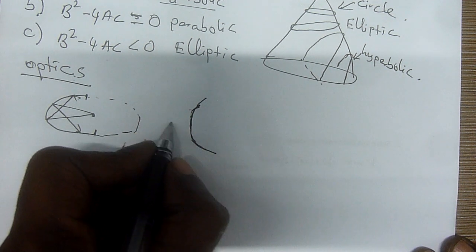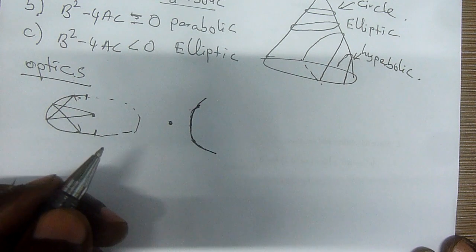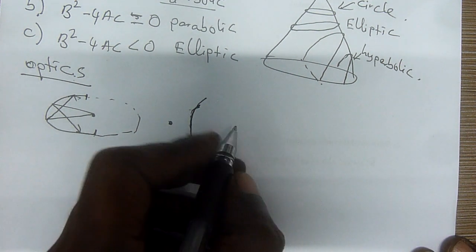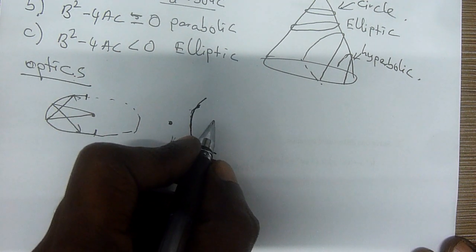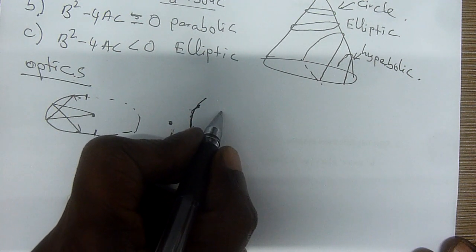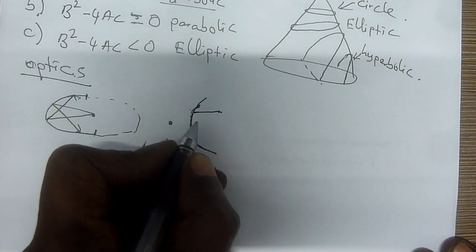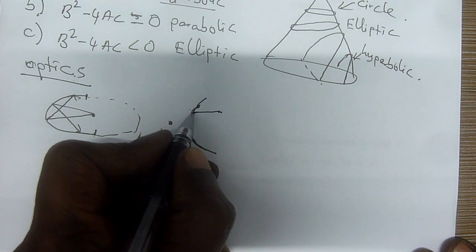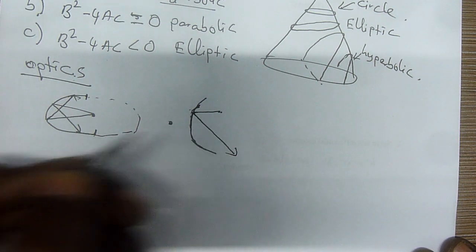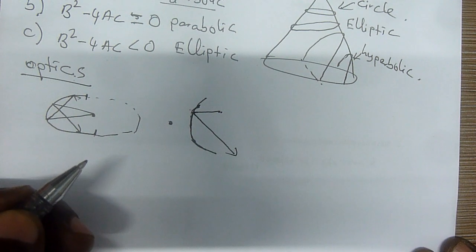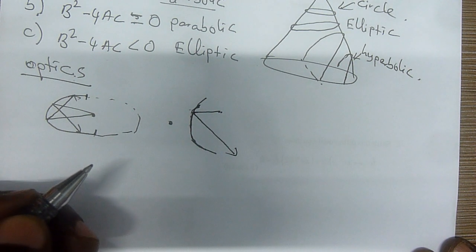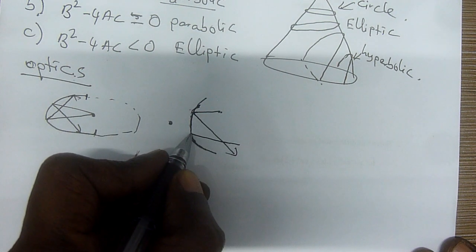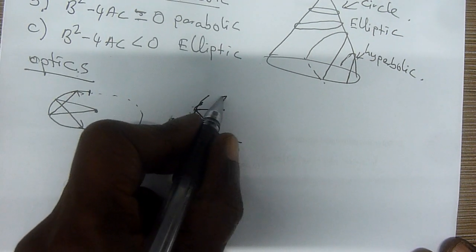Therefore, the focus point here for this lens, when the light goes inside, it will come outside of this. It's very surprising. It will go outside of the lens. Similarly, you can see it will go outside of that.